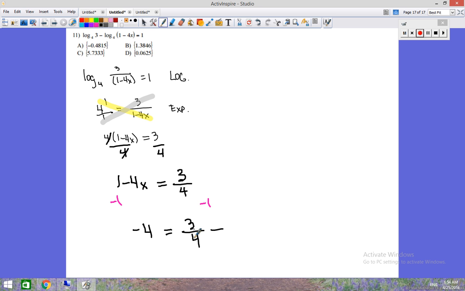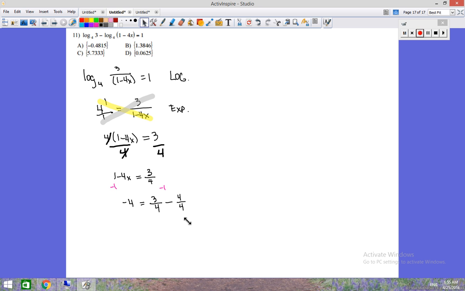To subtract 1, I want to rewrite 1 as 4 divided by 4, so they have the same denominator. Oop, I lost my x. 3 minus 4 is a negative 1. Let's continue up here.